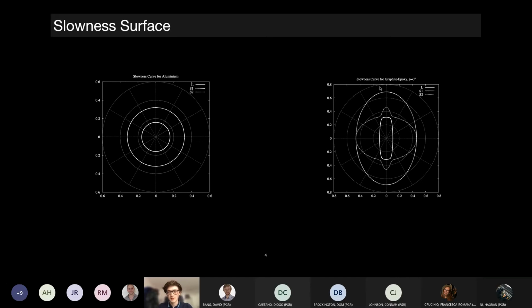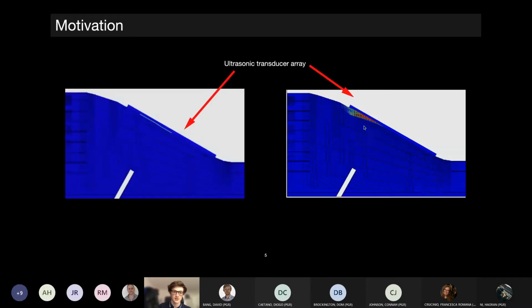Conversely, a material like graphite epoxy has bundles of fibers, so the energy of the wave will travel along these. The slowness curve here denotes how the phase velocity of the wave will travel. You can see it has this non-linear structure, so it's very important to account for that. And this is what my model accounts for.